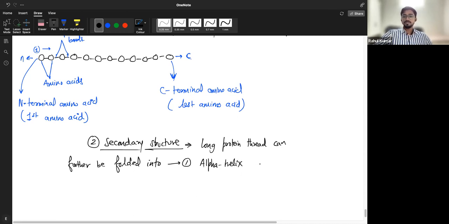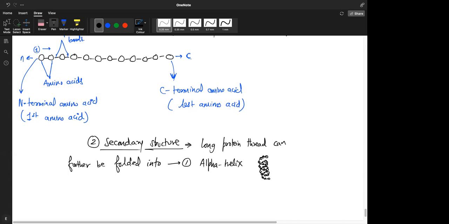Okay, helical shape. So this long chain can either be folded like this. You understand? So there will be amino acids. Is it clear? Yes. So this is the alpha helix.